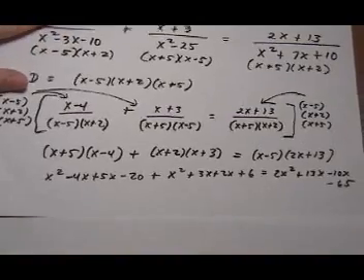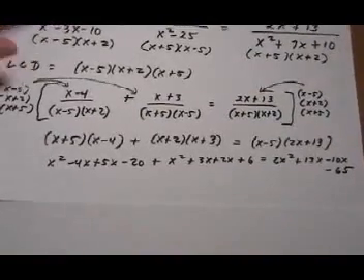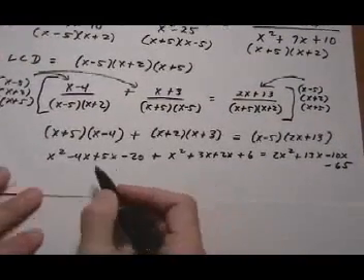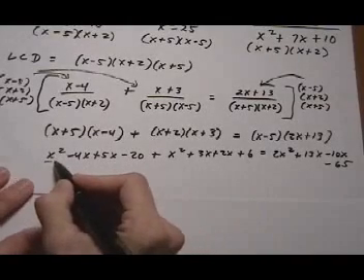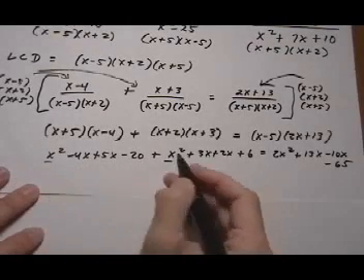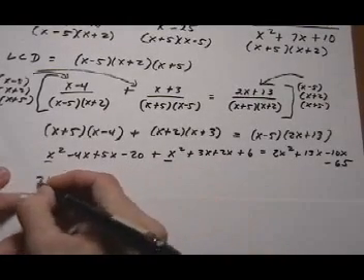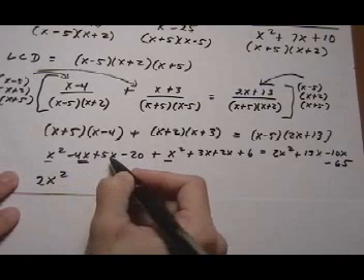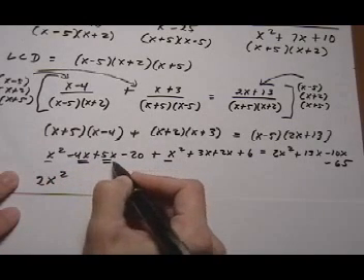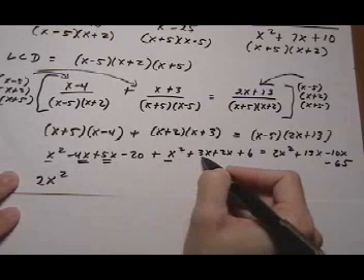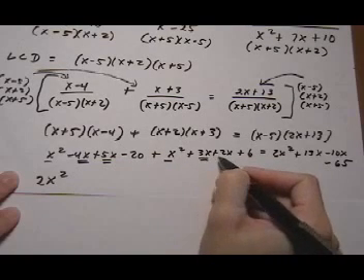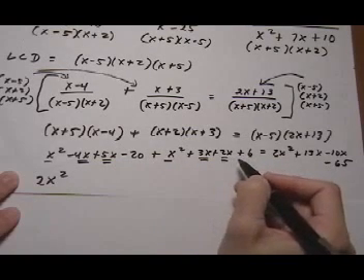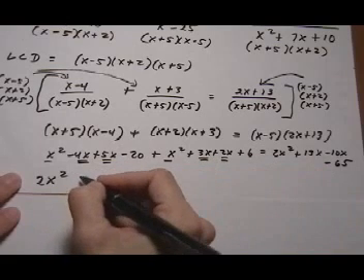So let's go ahead and combine like terms. So we have x squared, that gives us 2x squared. So then we look at the x's. We have minus 4x plus 5x, so that's 1x. Plus 3x is 4x. Plus 2 is plus 5x.